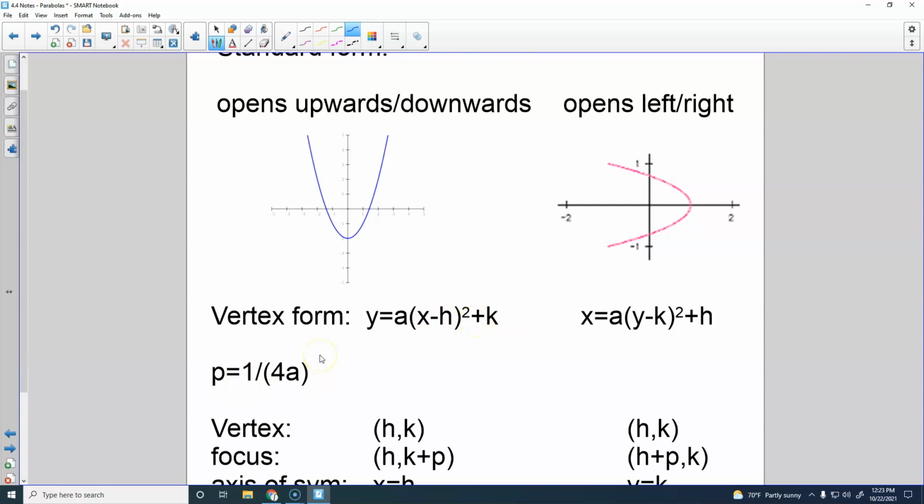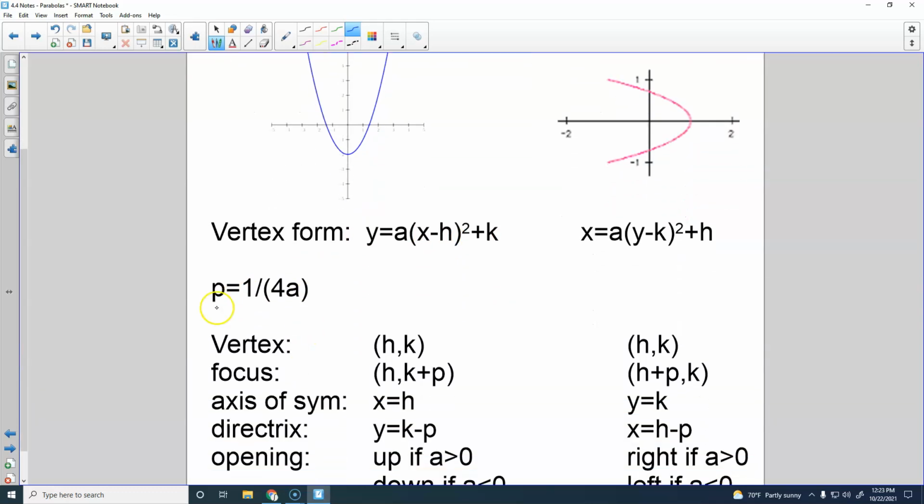So one thing that we are going to need to know is this value right here, which is your, I'm forgetting what it's called. I think it's focal length, but I'm not going to write it down because I'm afraid that's wrong. It's not going to be terribly important, the name of it. It's not going to ask you for that. But it is 1 over 4a. So a being this number right here, 1 over 4 times that number is going to tell us where the focus of a parabola is.